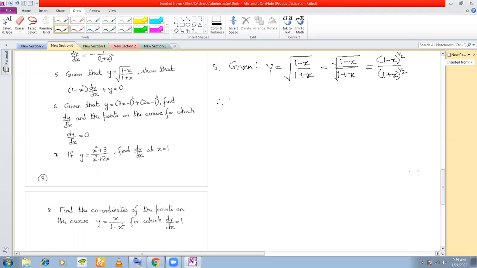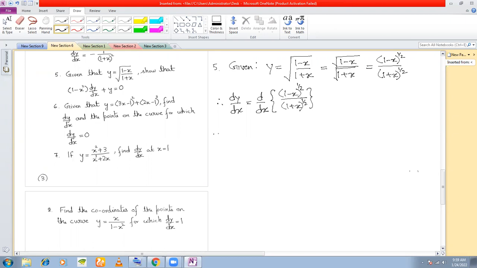So therefore, dy/dx is d/dx of (1 minus x) to the power of half divided by (1 plus x) to the power of half.